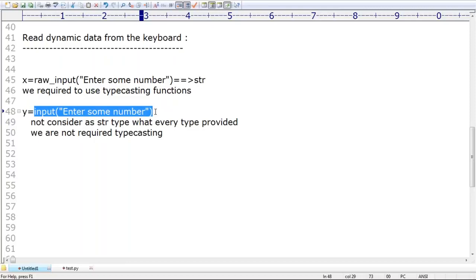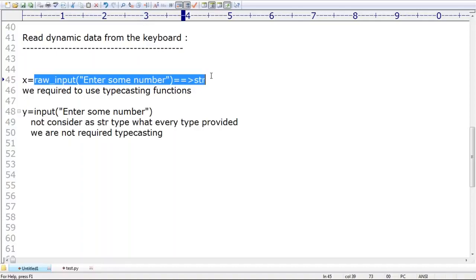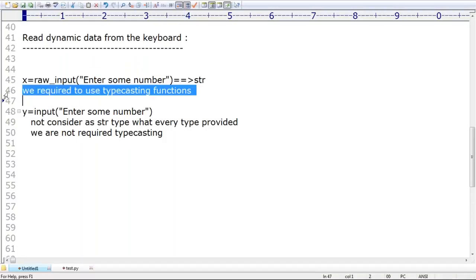What is the difference between raw input and input? In the case of raw input, anything you provide, whether you provide str type or number type, by default it is always going to be treated as str type. Compulsory we require to perform typecasting.